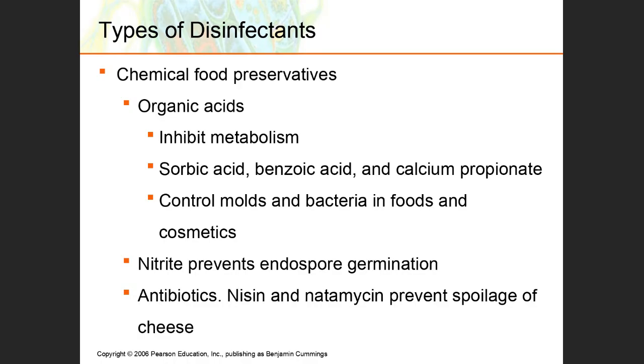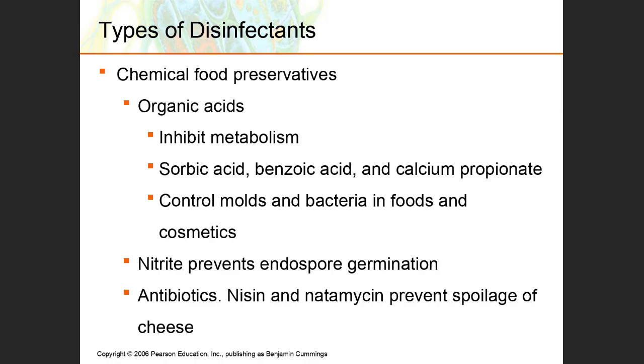Nitrites prevent spore germination, so it's often added to meat, as well as certain naturally occurring compounds. So remember, we talked about bacteriocins, right? Those chemicals produced by gram-negative bacteria that kill other related species. So here are two examples. Niacin and natamycin are bacteriocins, and they're put in things like cheese to help keep bacteria from growing in it.